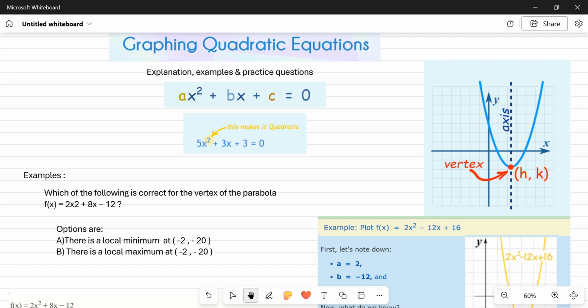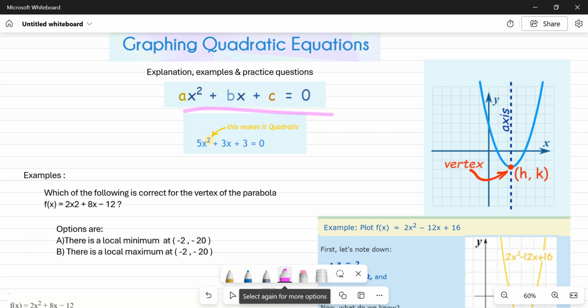An equation of degree two, written in the form where the highest power of the variable is 2, is called a quadratic equation. As you can see here, the formula is ax squared plus bx plus c equals 0.